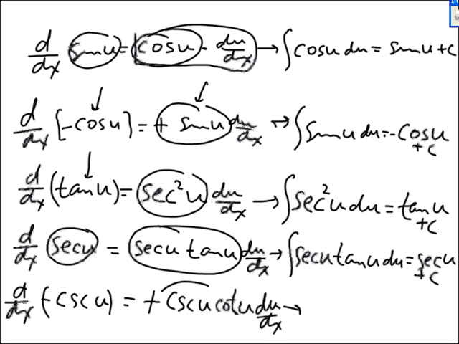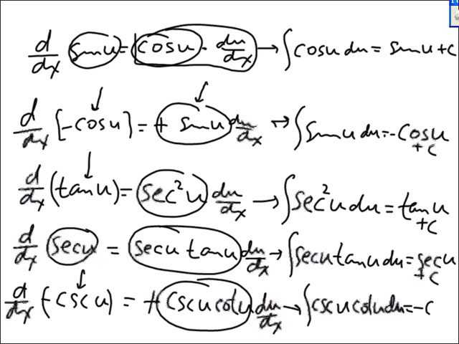This tells me this integral du is equal to negative cosecant of u. The integral of cosecant u times cotangent u times du is negative cosecant of u plus c.